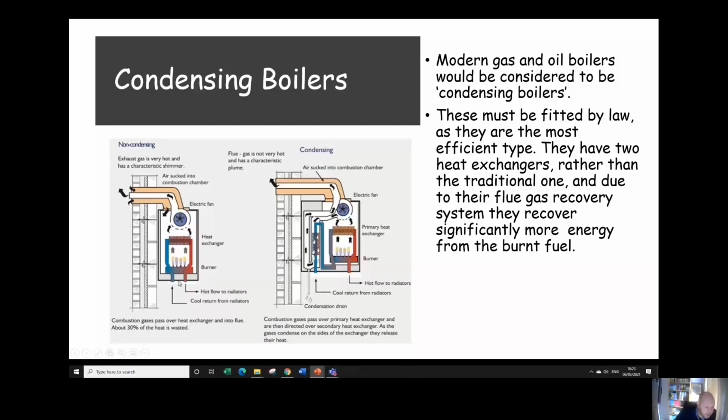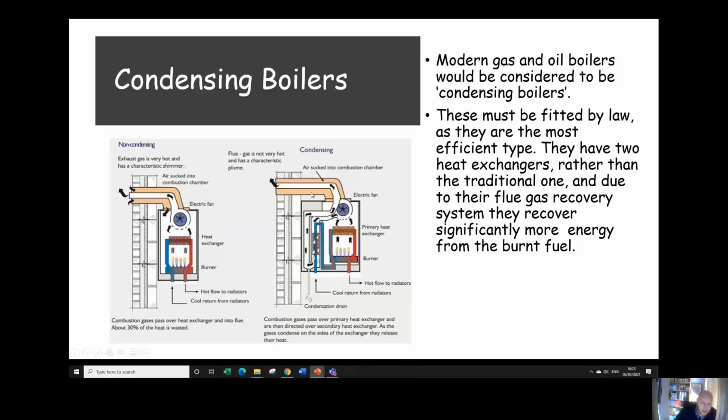The water would flow through the heat exchanger and come out the other side hot, and the flue gases would then go out of the flue. They'd still go out at quite a high temperature, so there was a lot of wasted energy. These older boilers were probably 70-75% efficient at their best.